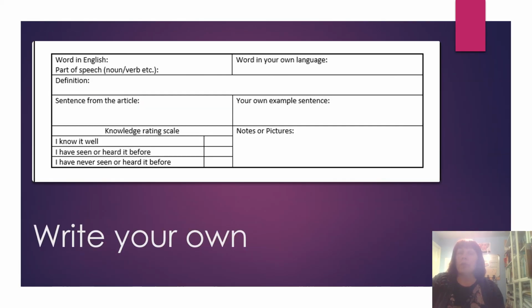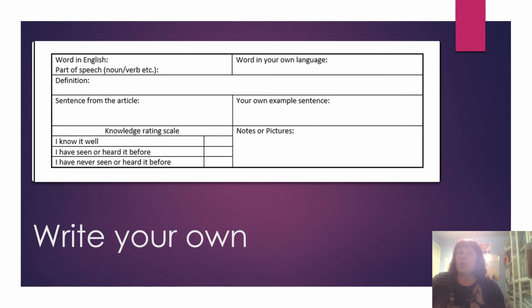So you could write your own. I really do like the structure of this one, but you could decide you wanted to add in extra information. And when I talked about a vocabulary book earlier on, I think this would make an ideal replacement.